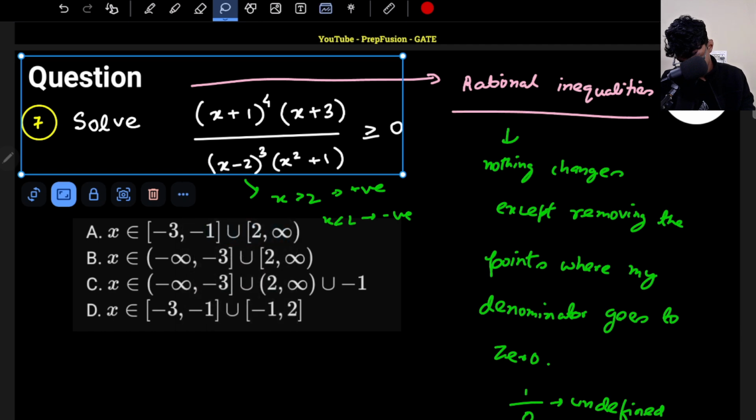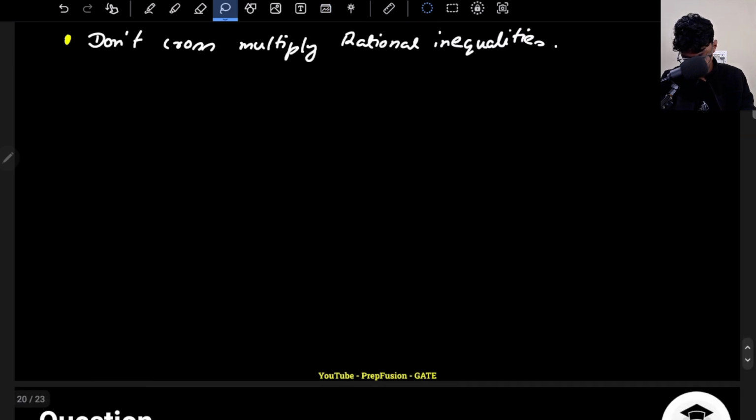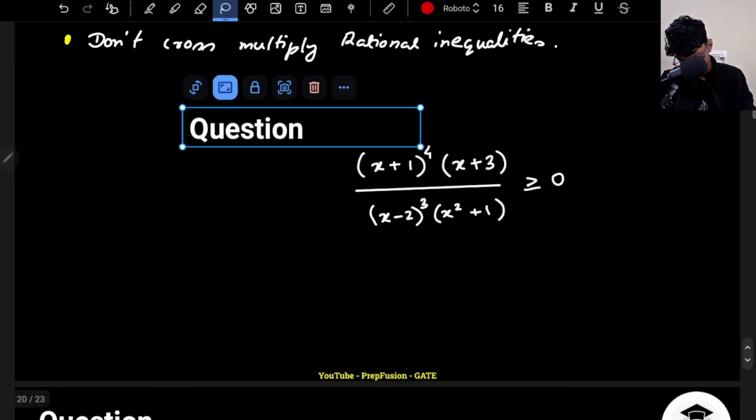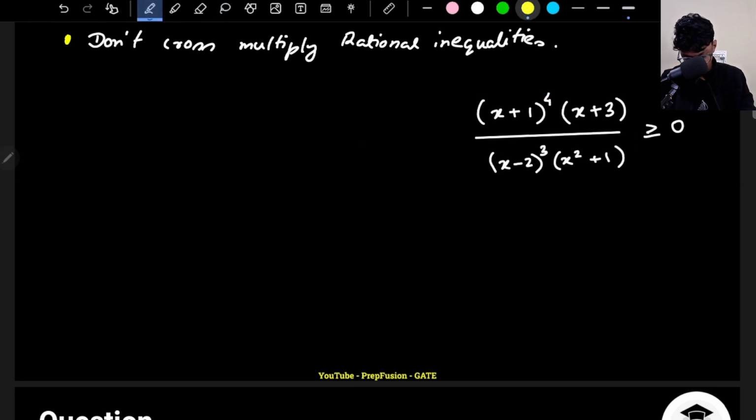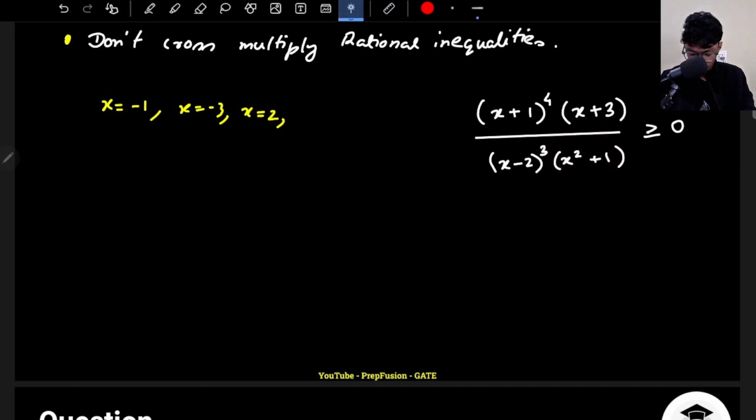Critical points, if you see, are wherever the factors are going to 0: x equal to minus 4, x equal to minus 3, x equal to 2, and this one has no real values. This has no real critical points because we are only discussing real values of x.